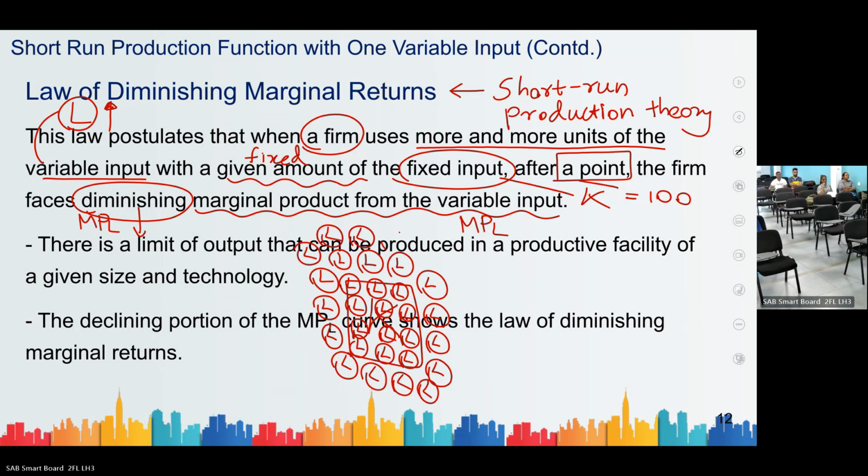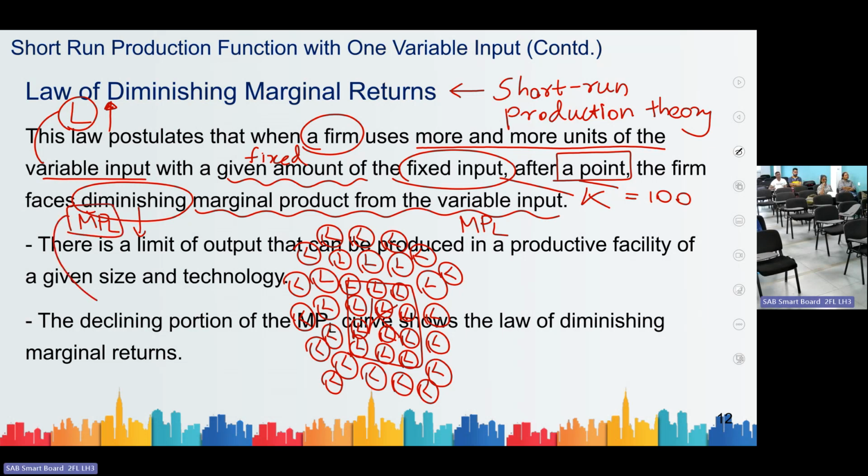There is more labor input compared to capital input. Because of this labor abundance, the marginal product of labor starts to decline.